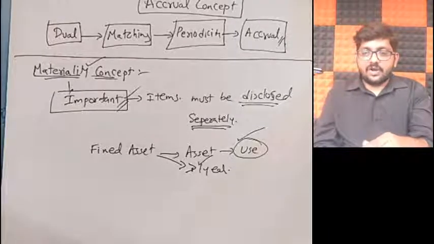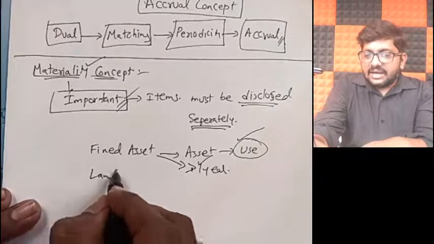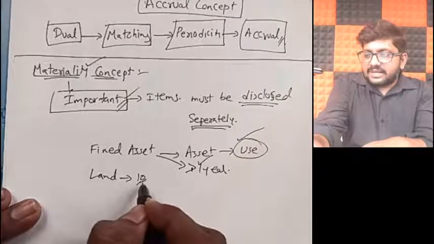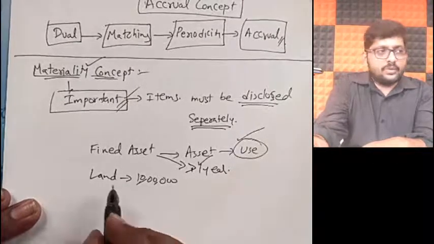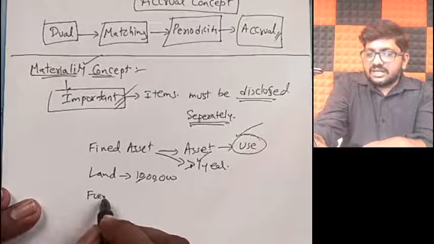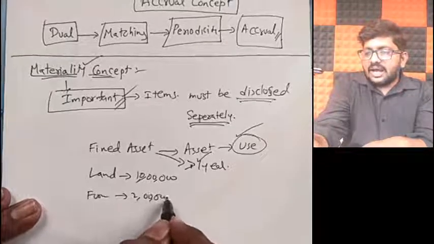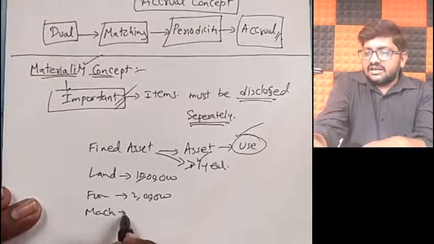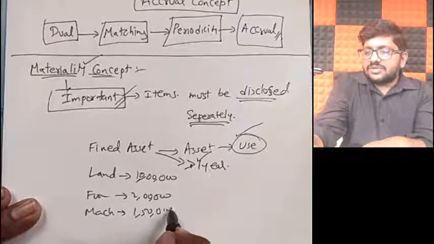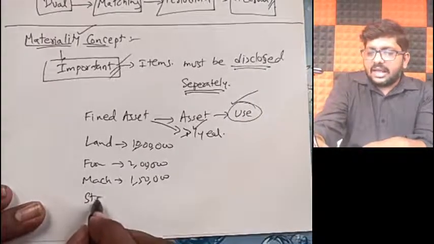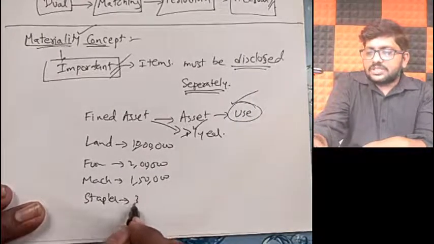No. Why? Because imagine land. You will have, for example, 10 lakh rupees of land in your books. For example, furniture, 2 lakh rupees you will have in your books. Machinery, for example, 1,50,000 rupees. Stapler, 30 rupees.